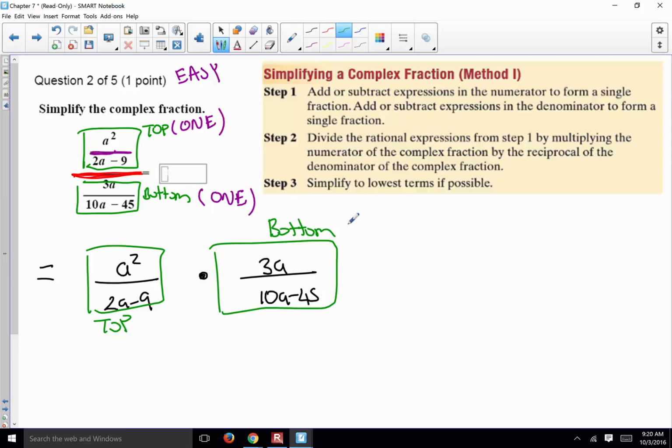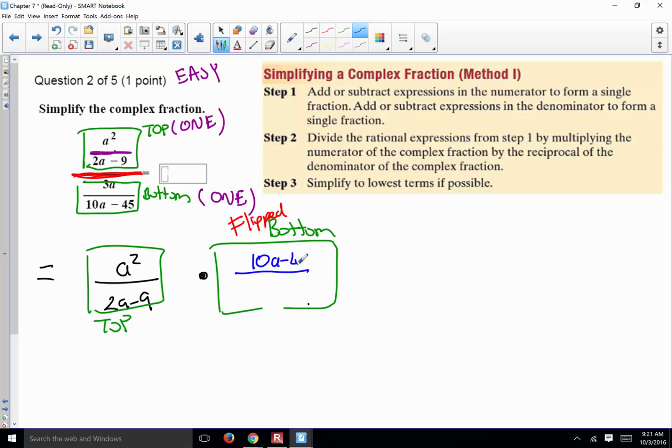Correct? Everybody agree? What's wrong? Bottom. Yeah, I need to flip the bottom. This hasn't been flipped. This is the common mistake that happens. You just copy top and bottom and multiply. No, this is not a multiplication question. It's division. So something needs to be changed to make it multiplication, which is the bottom one should be flipped.